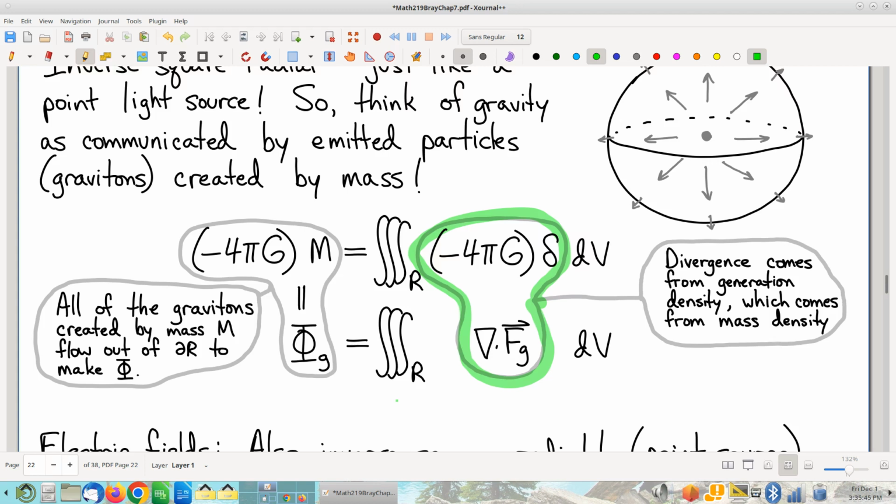Even if your mass, instead of being just a point, was distributed irregularly throughout your solid, something like this, where there's just bazillions of little particles, each putting out its own gravitational field. Oh my God!